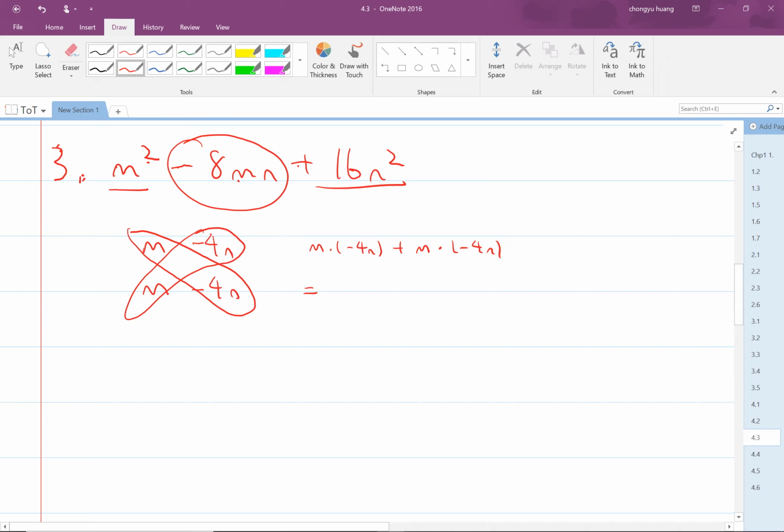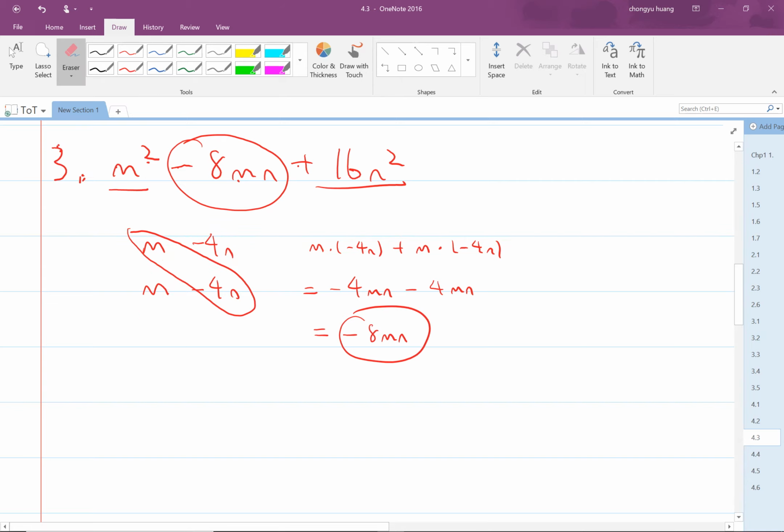We have negative 4mn on the left hand side and negative 4mn on the right hand side, so it becomes negative 8mn. The number is exactly the same, so our combination is right.